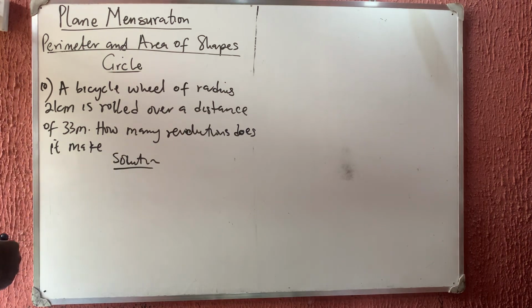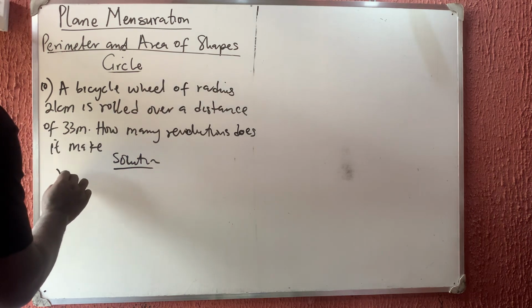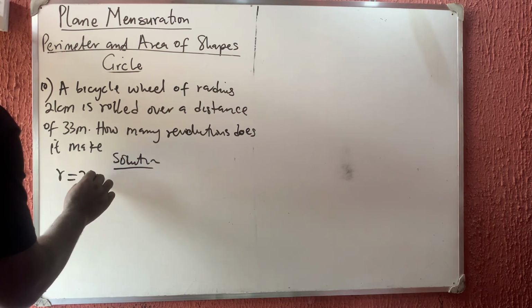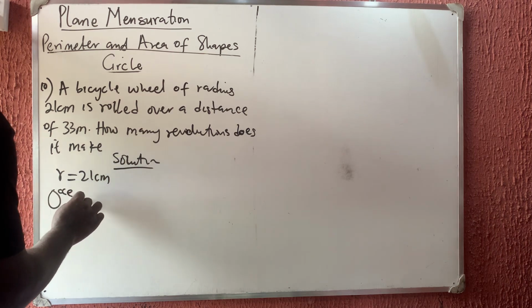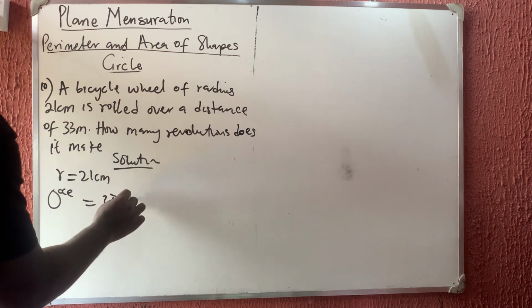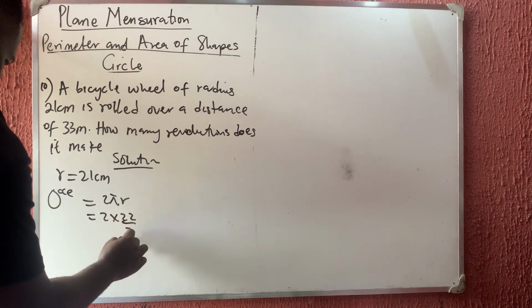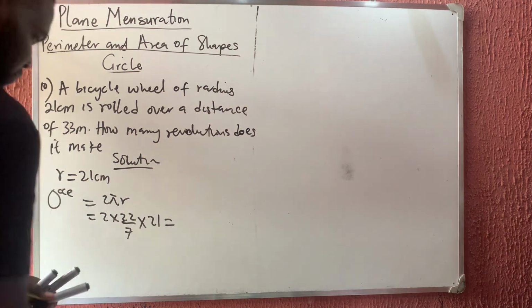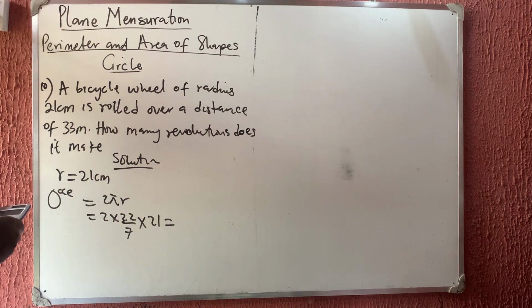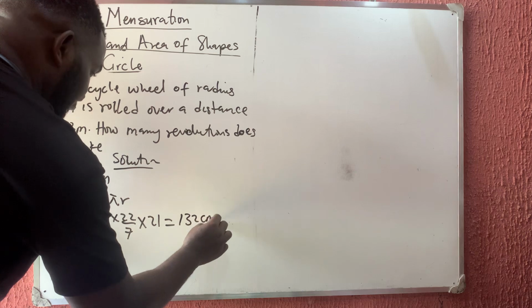Okay, so now we are going to have the solution. First of all, we have that the radius of this wheel is 21 cm. So let us get the circumference of the wheel, which is 2 pi r, which is 2 times 22 over 7 times 21. So I'm going to have 2 times 22 times 21 divided by 7, so I have 132 cm.